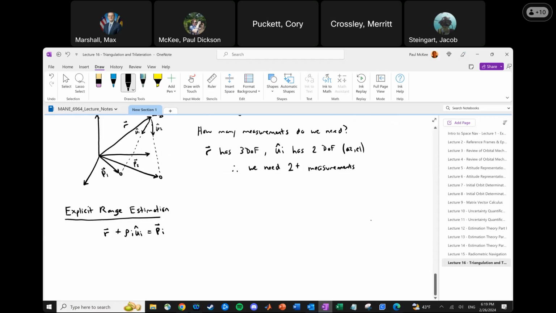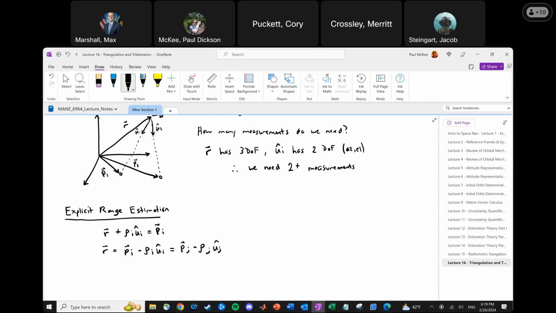So you can think of it this way, right? R is equal to p_i minus rho_i u_i, but it's also equal to p_j minus rho_j u_j, right? Those are equally true.